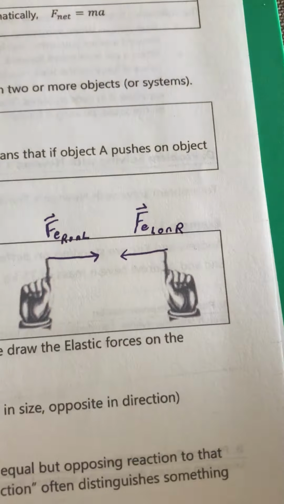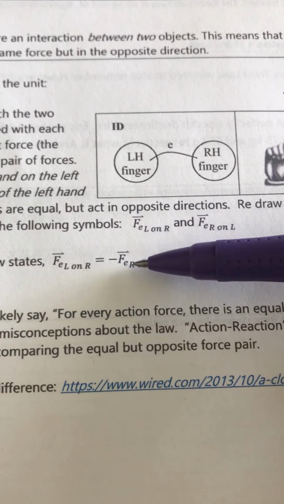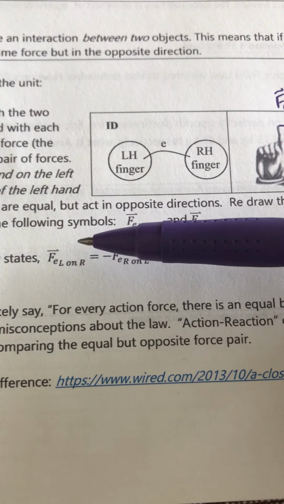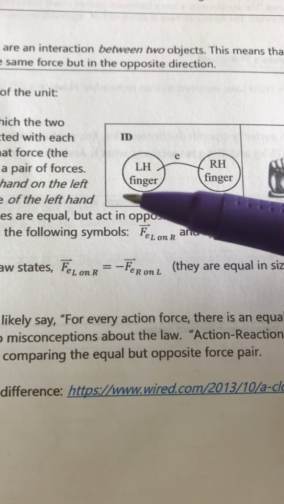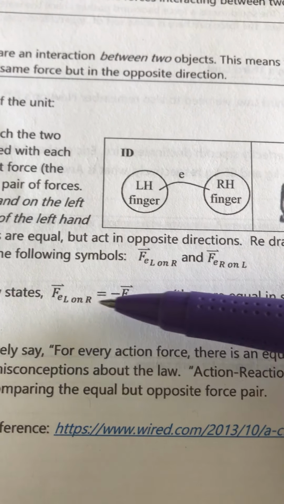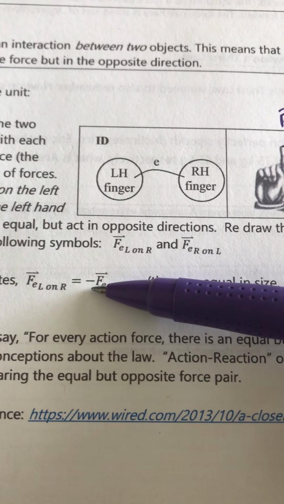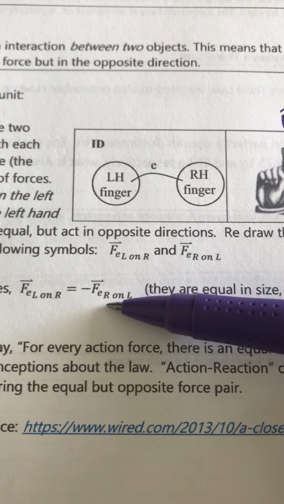Mathematically, it looks like two forces. They're not two forces. It's one force, but it comes in a pair. So the elastic force experienced by the right hand, the left hand on the right hand, is equal and opposite, so we put that negative sign, to the right hand on the left hand.